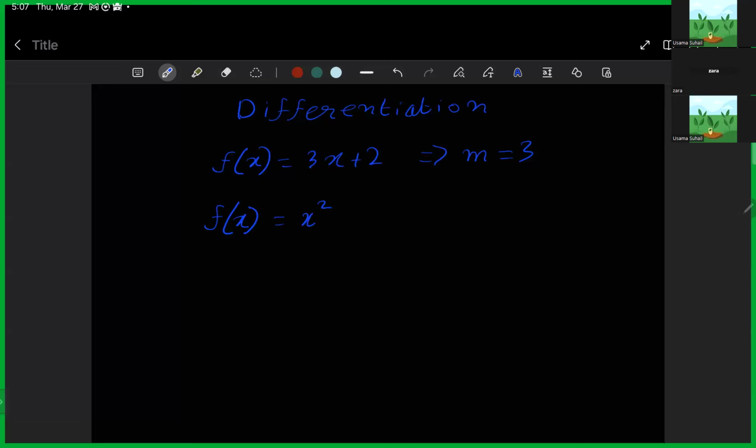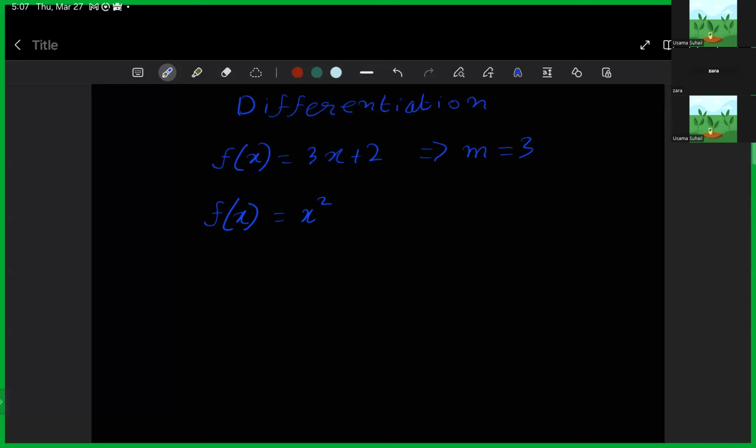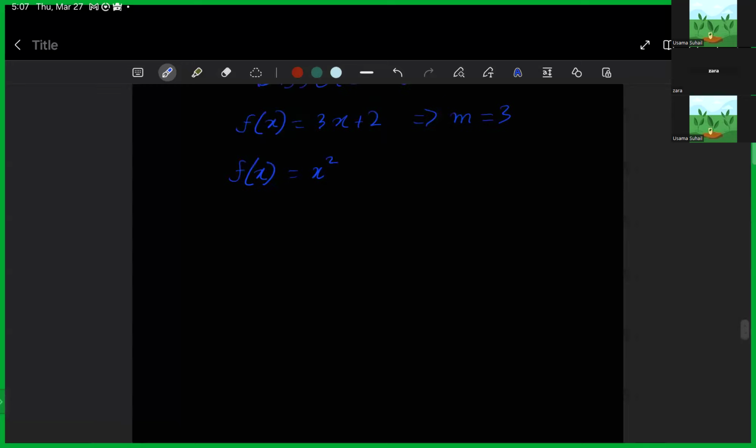Now, for x square, is finding the gradient easy? What would the graph of x square look like?